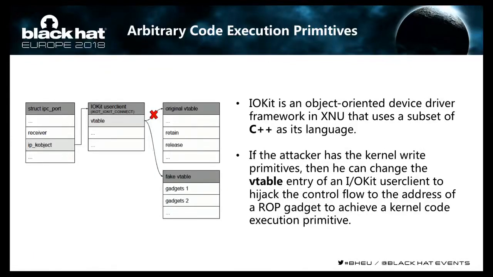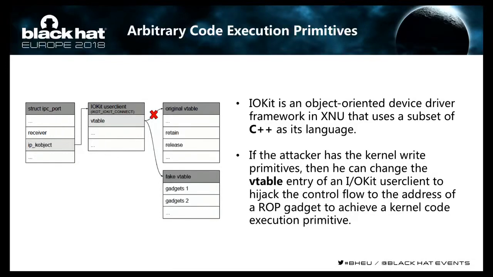Besides, IOKit is an object-oriented device driver framework in XNU that uses a subset of C++ as its language. Therefore, its objects contain a virtual table, also known as a vtable structure.